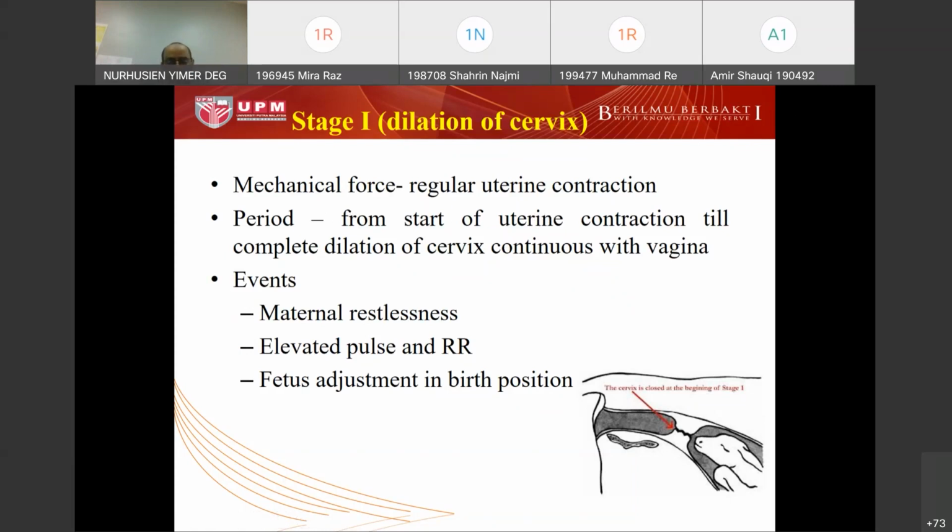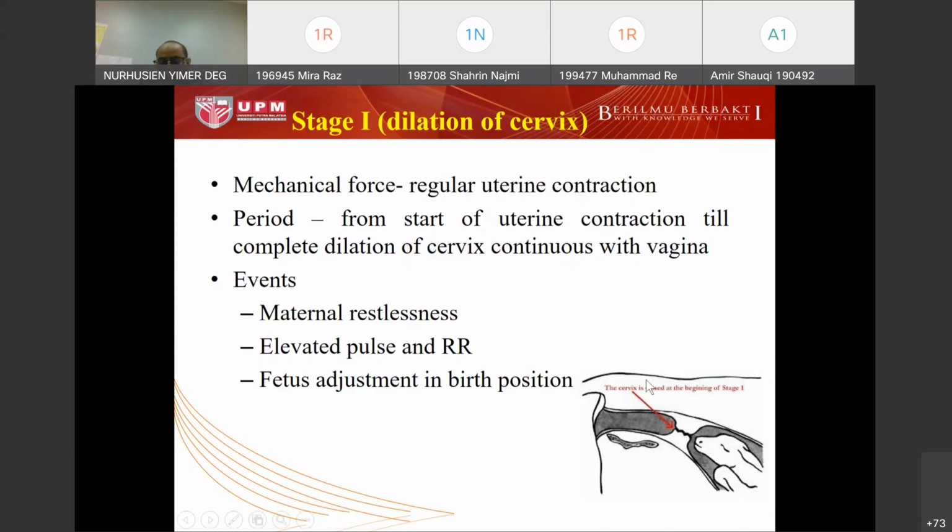There will be regular contraction by the uterus during this stage before you get the cervix completely dilated. The period of stage 1 is from the start of this uterine contraction until a complete dilatation of the cervix is achieved.